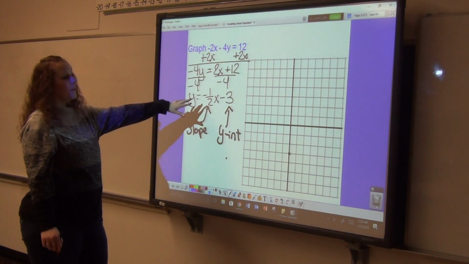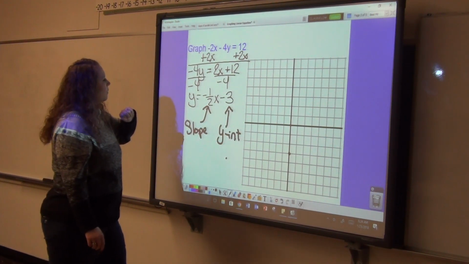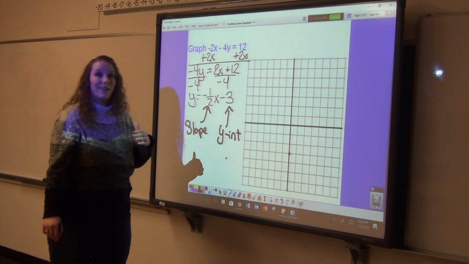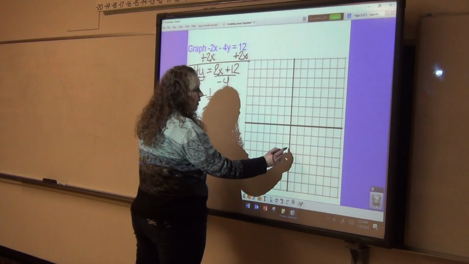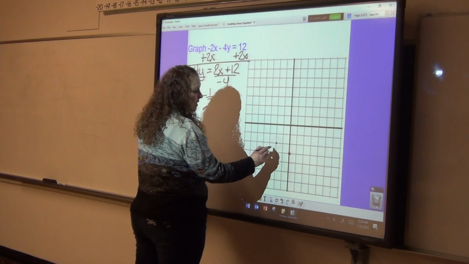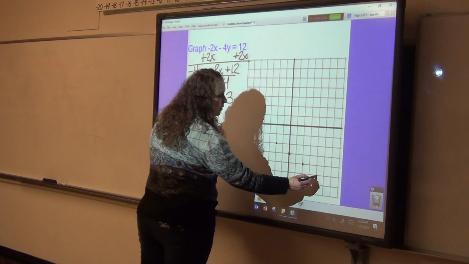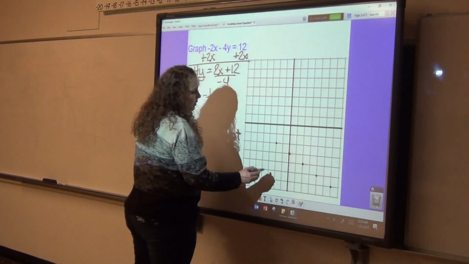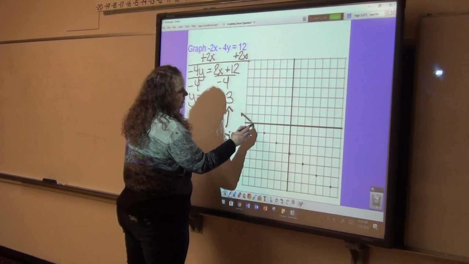Now we need to graph our slope from our y-intercept. So it's negative 1, 2, or 1, negative 2. They cannot both be negative, but one must be. So if I go up 1, I need to go negative 2. If I go down 1, I need to go positive 2. So we can graph this line.